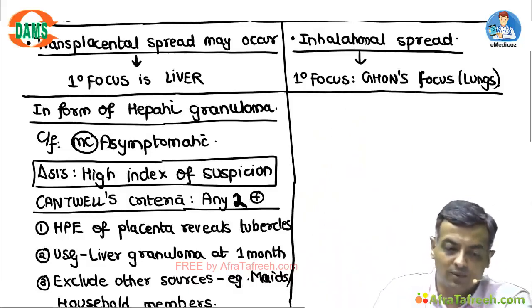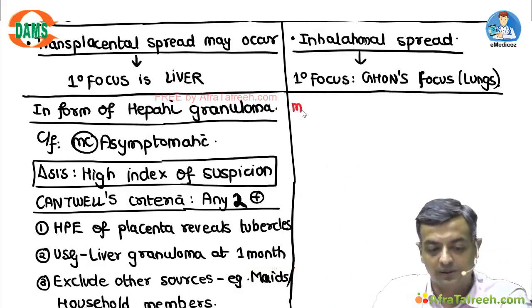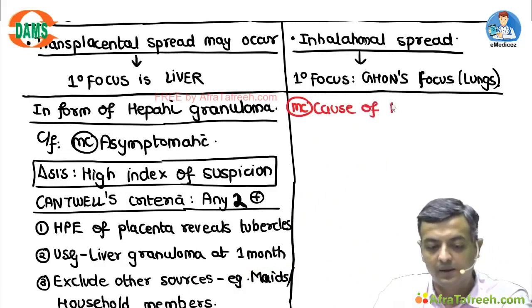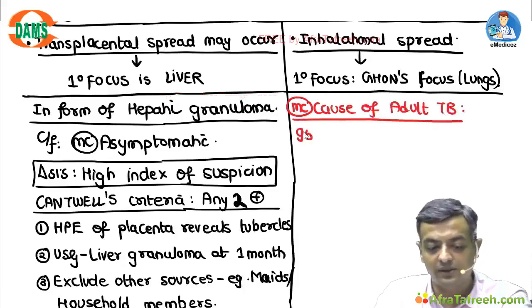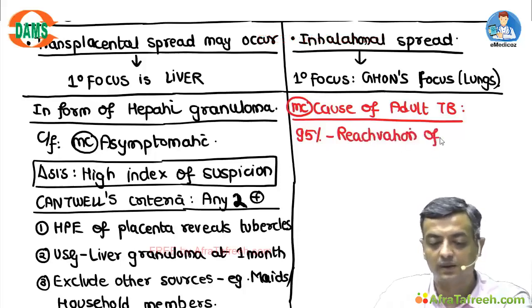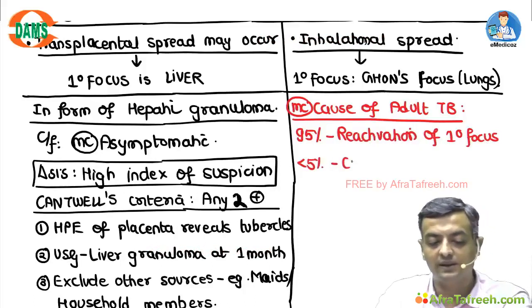So the most common cause of adult TB is the reactivation of the primary focus. Less than 5% are due to contact spread.